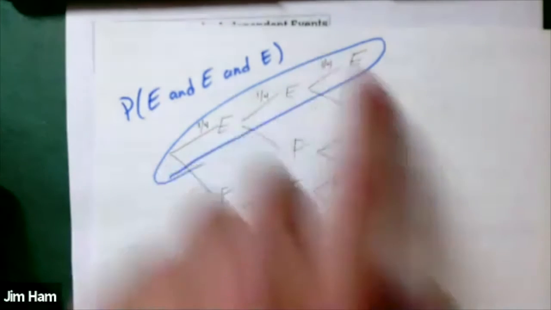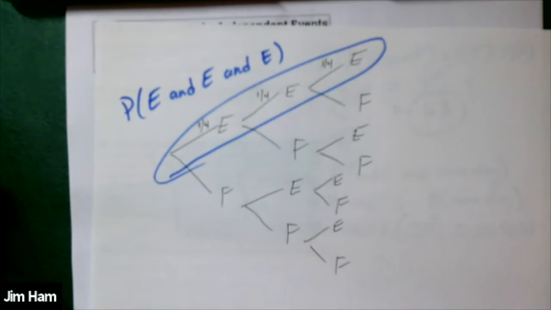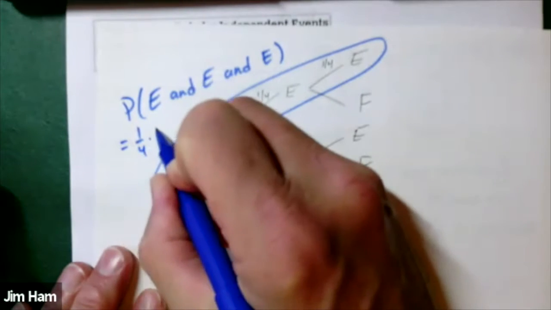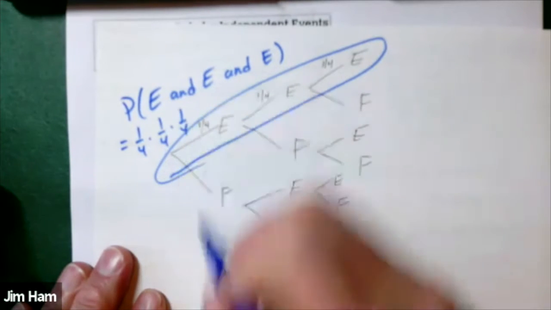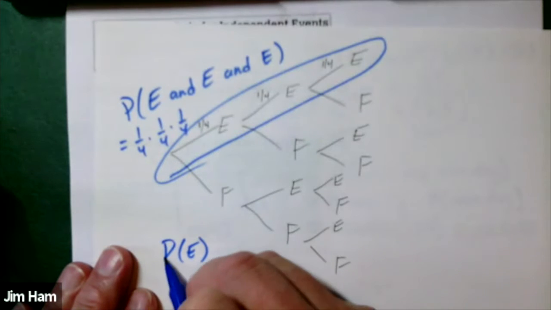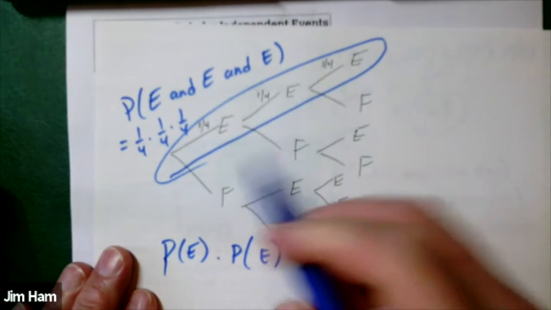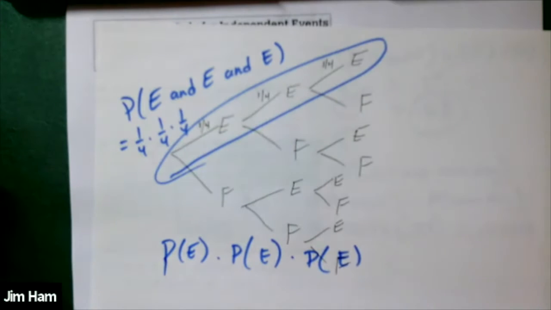Each of these is 1/4, and they're independent, so it doesn't matter what happens before. Then you could just take 1/4 times 1/4 times 1/4. The probability of E times the probability of E times the probability of E, right along the branch.